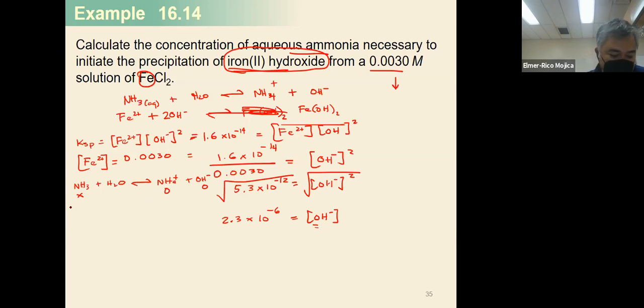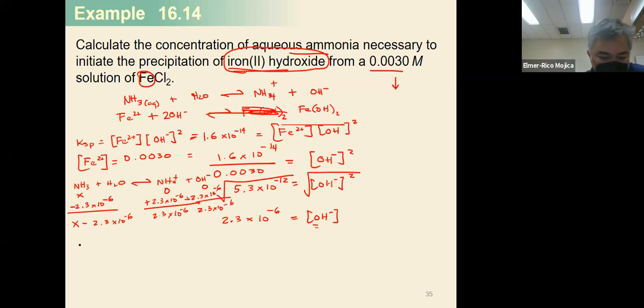And then you want at least 2.3 times 10 to the negative 6. So that's the same amount that would form. So you have your x minus 2.3 times 10 to the negative 6. And you have both 2.3 times 10 to the negative 6 here in the product.